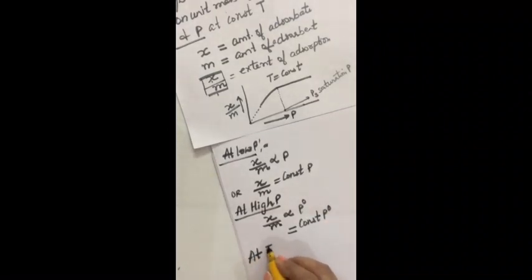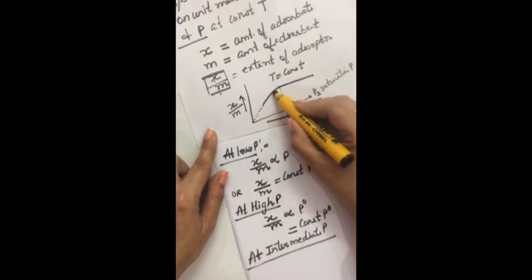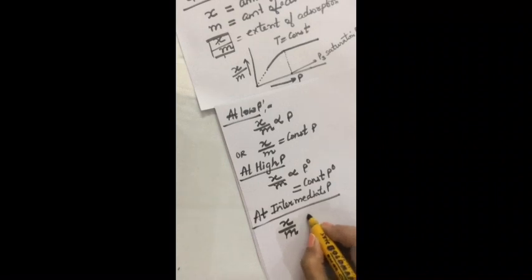Now at intermediate pressure, since we are getting a slightly curved graph, the extent of adsorption is proportional to P raised to the power 1 by n.